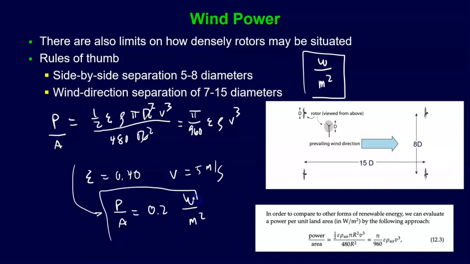So we can use this to compare to other types of renewable energies. And in fact, we'll see that this P over A for solar, when we get there, is in the neighborhood of about 200 watts per meter squared.